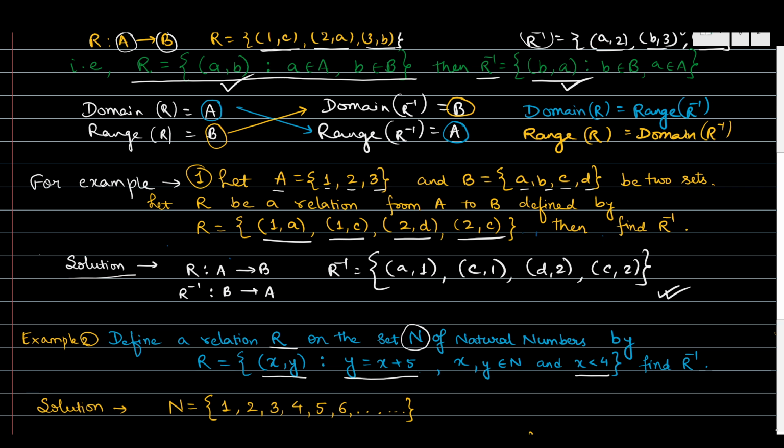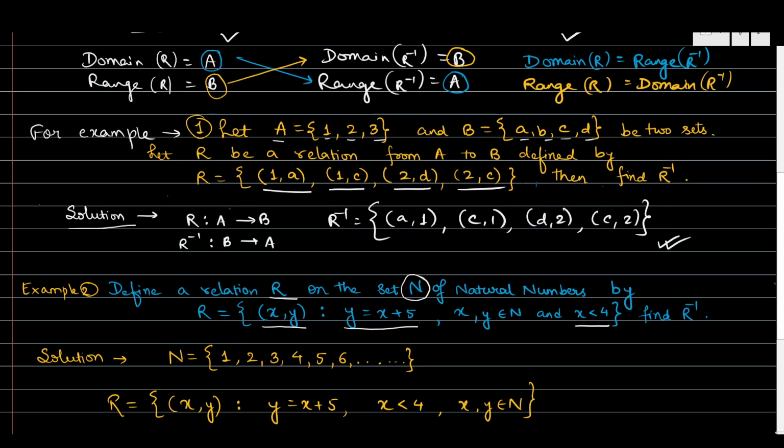Now we all know that the set of natural numbers is 1, 2, 3, 4, 5, 6 and so on. Now x belongs to natural numbers and x is less than 4, means x belongs to the set 1, 2 and 3. It cannot be 4, right?